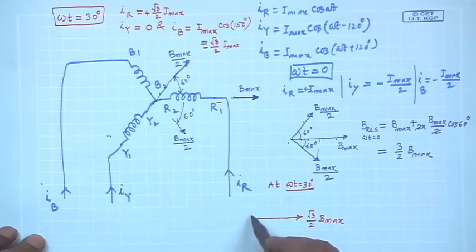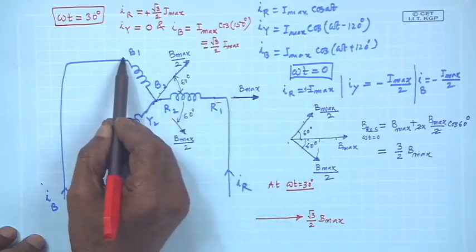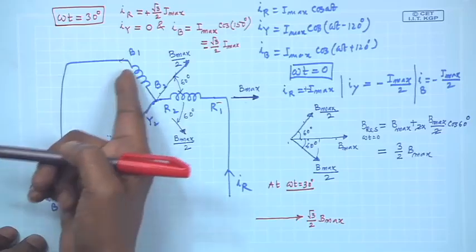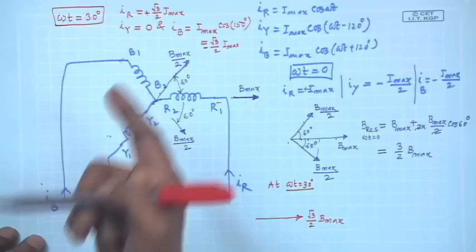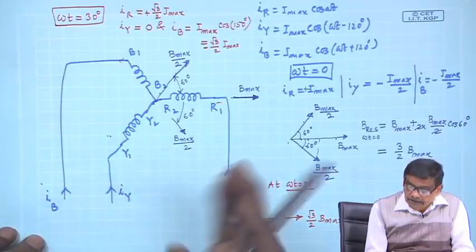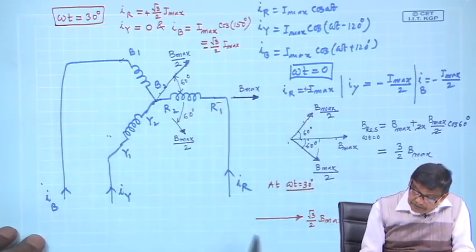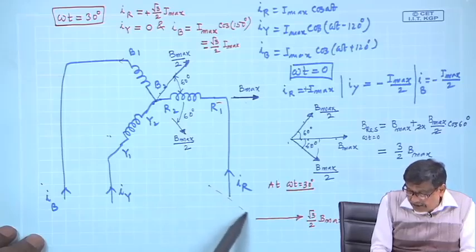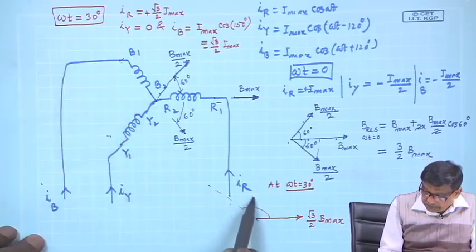But should I draw the field this way? No, because the current I B is negative, means current is leaving B, it is flowing exactly at omega t equal to 30 degree. This is the exact direction of the current, and exact direction of the current defines in which direction you should plot the field. If current reverses, then the pole produced will be reversed. Therefore, the axis of Y is like this, 120 degree, mind you.